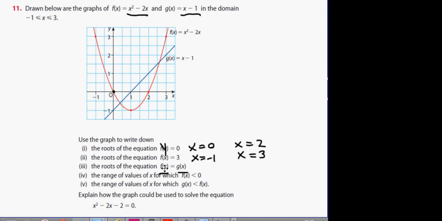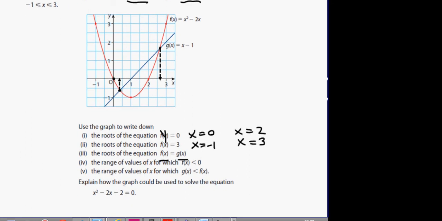For what inputs is the y value of the curve equal to the y value of the line? Let's look at it. Here and here. Drop down the line. What do you think would be a good answer? 0.4 and 2.6.